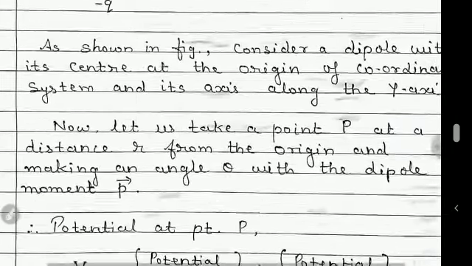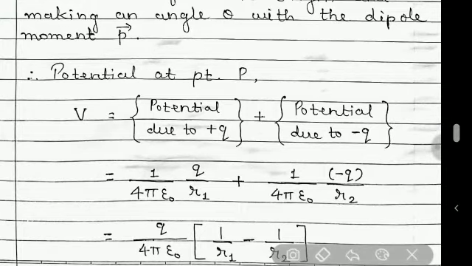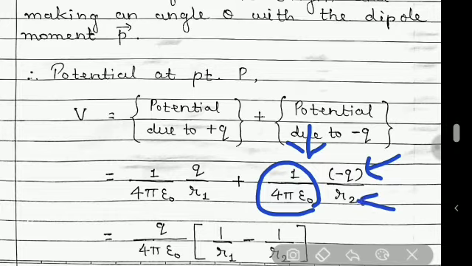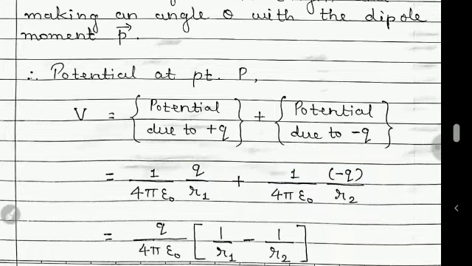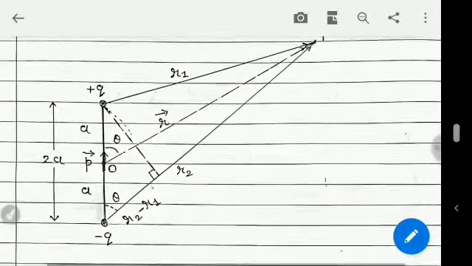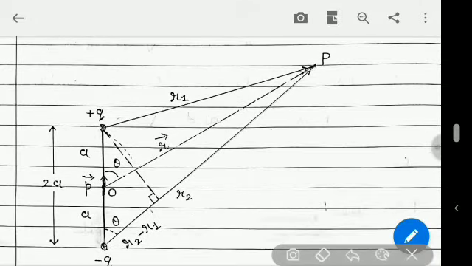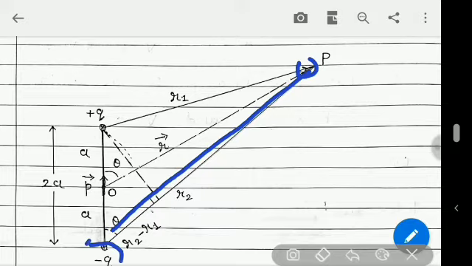Similarly, potential due to negative charge is 1 upon 4 pi epsilon naught, once again Q upon distance r2. Here this charge is negative, so we have to put minus Q. Here it was positive, so we simply kept Q. This distance is r2. You can see this from the figure also, that point P lies at distance r2 from the negative charge.